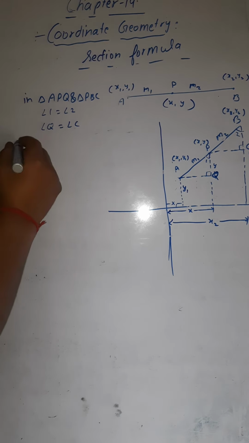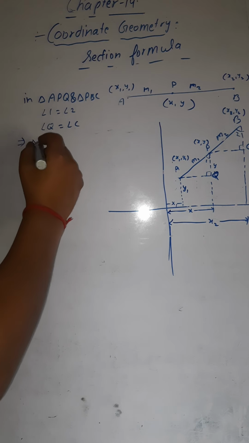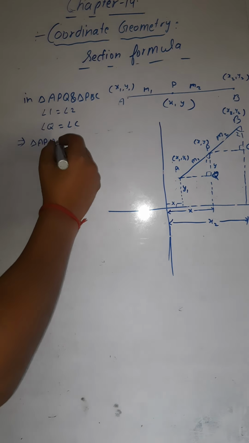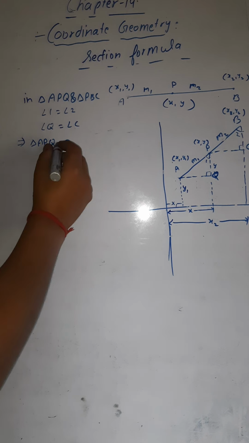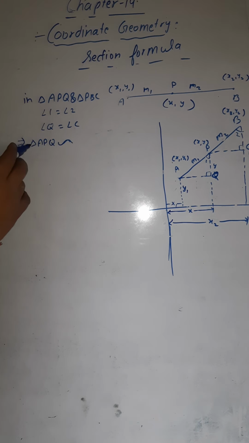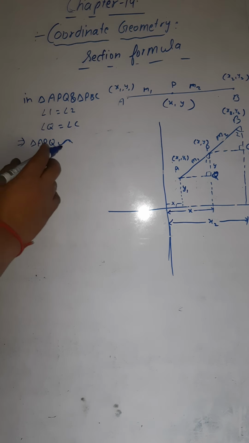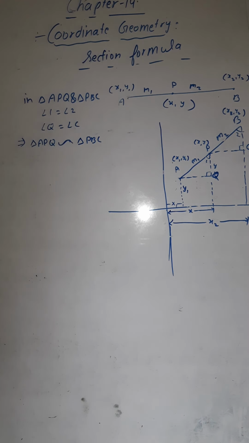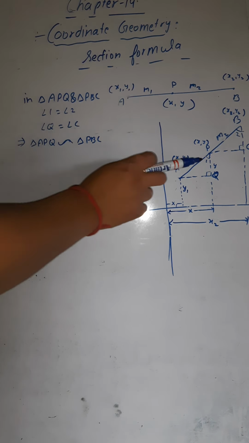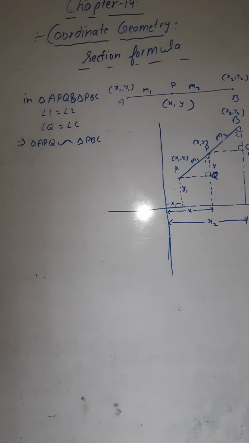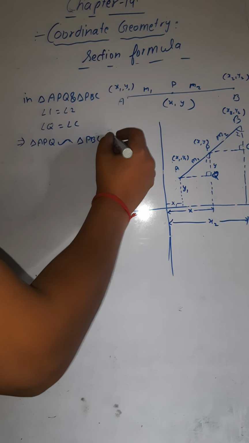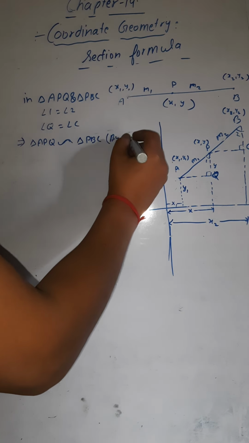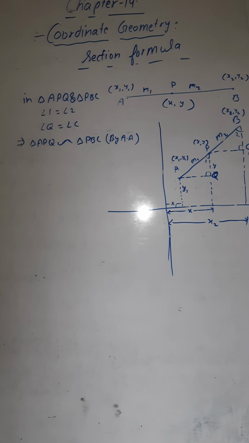It implies triangle APQ is similar to triangle PBC, this is the sign of similar. Why? Because both triangles have two angles equal to each other. So this criterion is called the angle criterion, you can write it as the angle criterion.